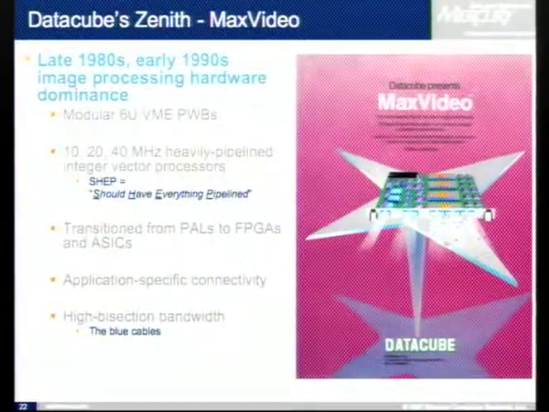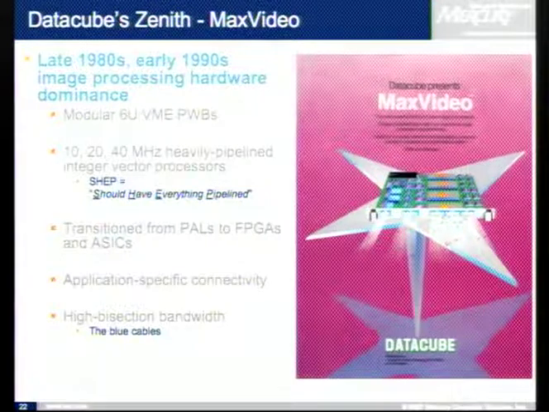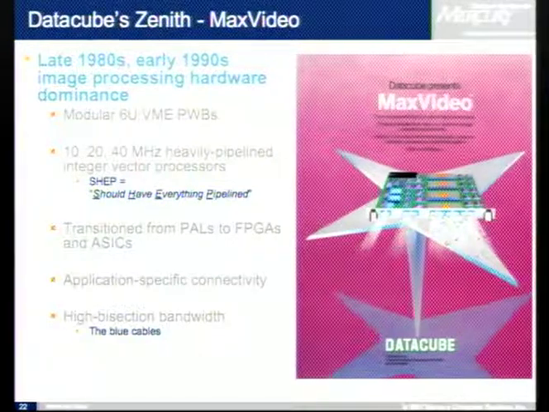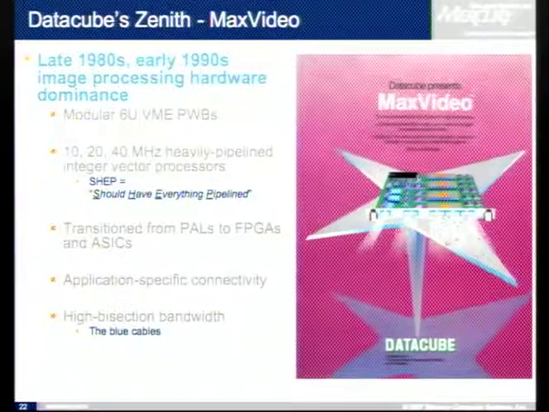The company hit its zenith in the late 1980s or early 90s, doing these 6U integer image processors. The joke about my work at the time, because we were always trying to turn Fmax up by bisecting the critical path, was that SHEP stood for should have everything pipelined. The VP of engineering at Datacube came up with that.